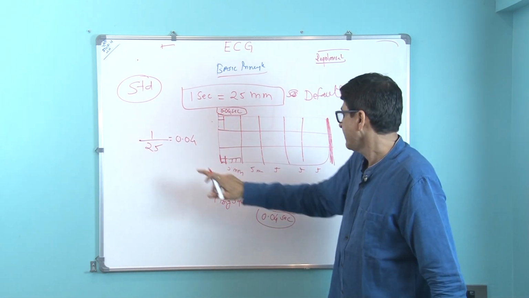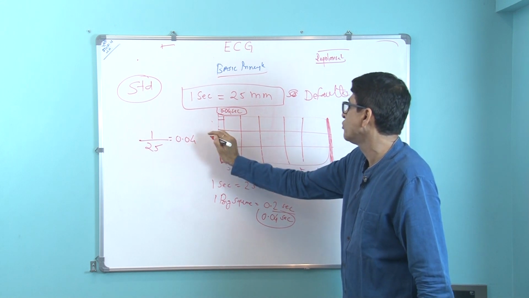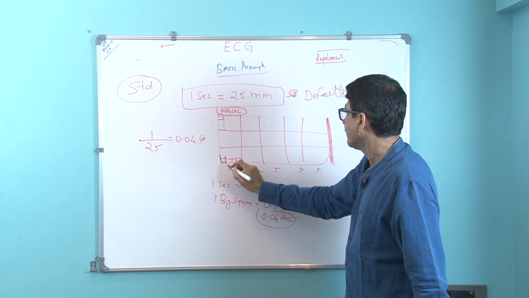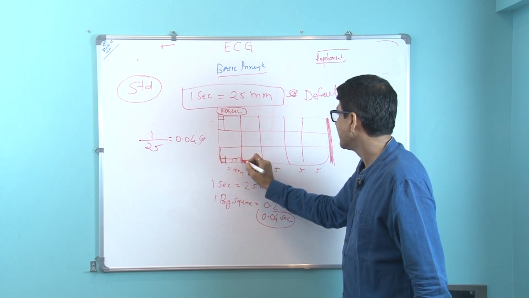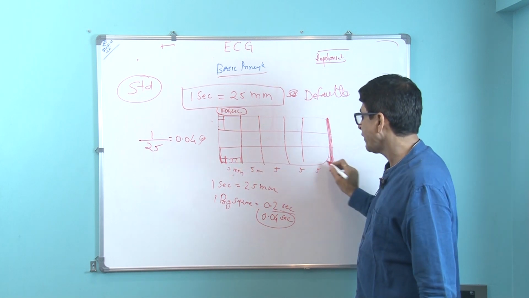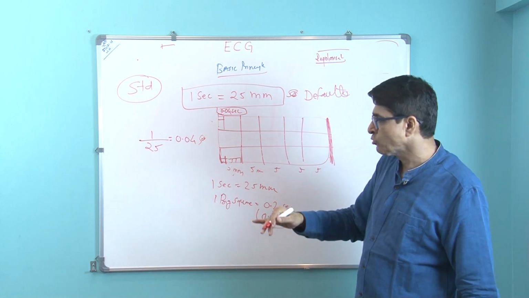The distance between two big dark lines is 0.2 second, and in 1 second it is 25 millimeter. But this is the default setting, and it can also be changed.